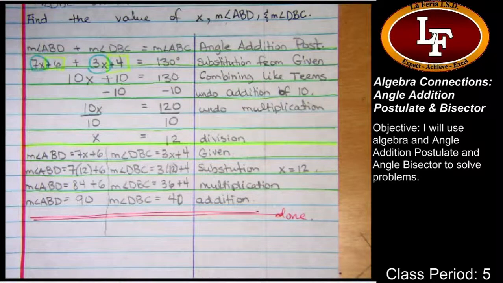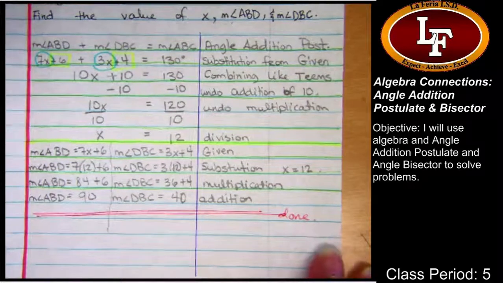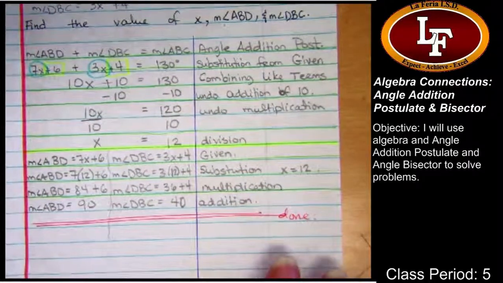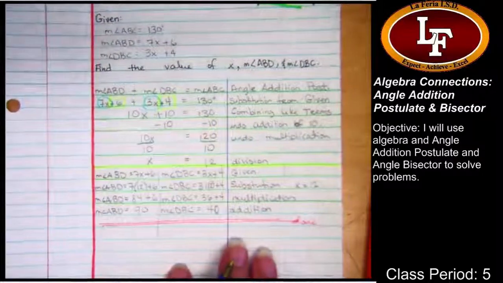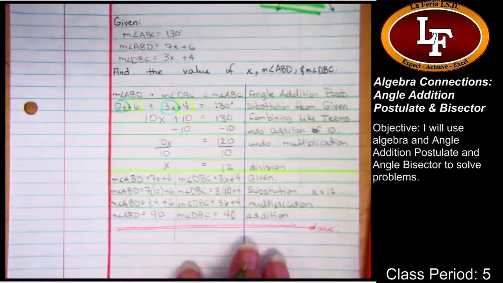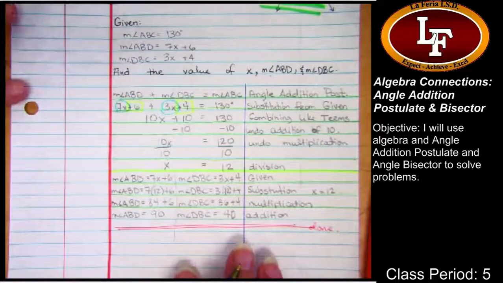But miss, you say, you haven't gone over angle bisector and class ends in less than 10 minutes. How are you going to do a full example on angle bisector in 10 minutes or less? To which I say, I'm not. I'm going to leave you with this question.